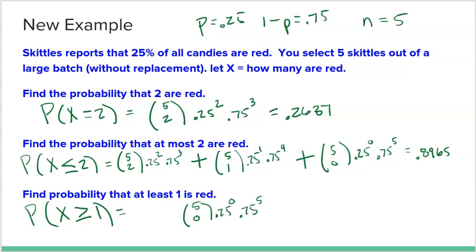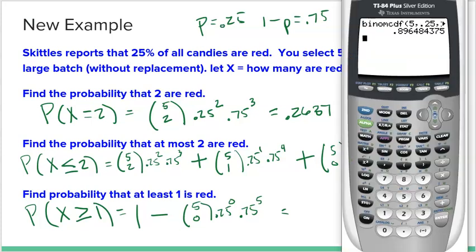Now, this is not what I want, but if I take 1 and I subtract that, I'm left with at least 1. The opposite of at least 1, which is 1, 2, 3, 4, 5, is none. So it's much easier to find the probability of none and then do 1 minus that.